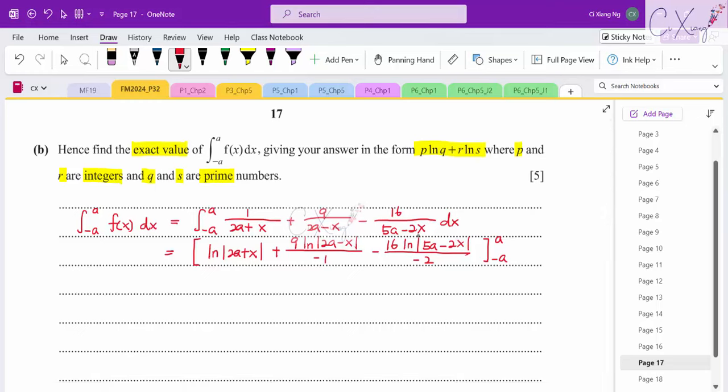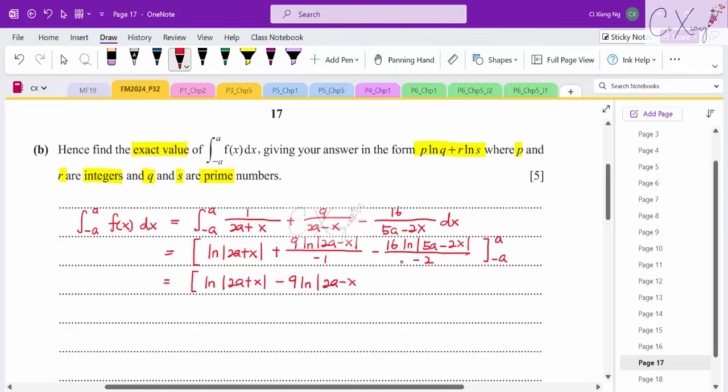For my own practice, I usually prefer to simplify all my terms first before I substitute in the limit. So I prefer to write it out in the proper way. For this one, I have -9 ln(2a minus x). Then for this particular term, I have 8 ln(5a minus 2x). Only then I substitute in the values for -a and also +a.